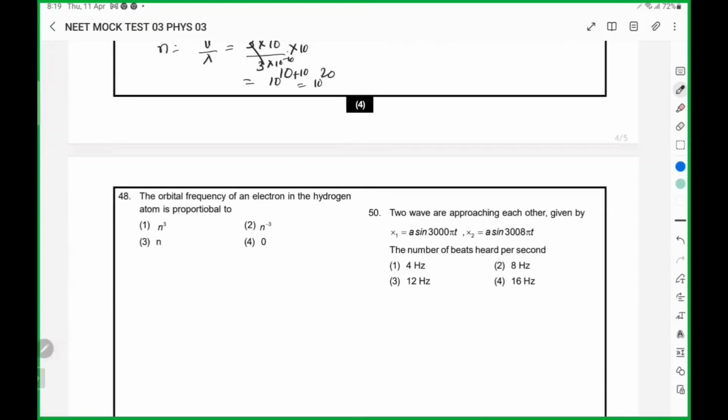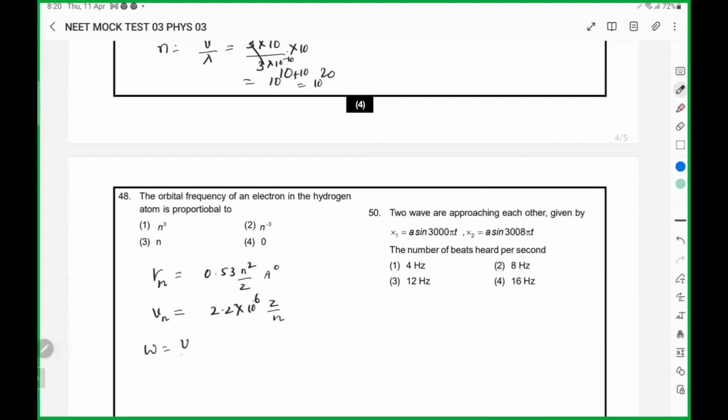Here to calculate the orbital frequency of an electron, we know the radius of the electron in nth orbit is 0.53 n square by Z angstrom units. At the same time, velocity of electron in nth orbit is 2.2 into 10 power 6 Z by n.